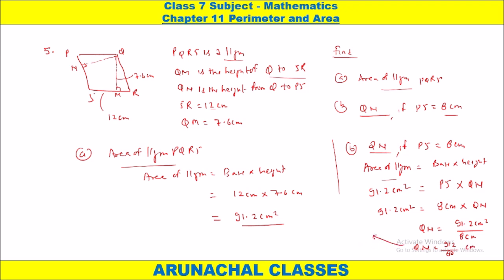Now we have to divide these two values, 912 divided by 80. 2 4s are 8, 2 5s are 10, 2 6s are 12, 2 20s are 40, 2 2s are 4, 2 8s are 16, 2 10s are 20. So it will be 114 upon 10, that will be 11.4 centimeter. So QN length is 11.4 centimeter.